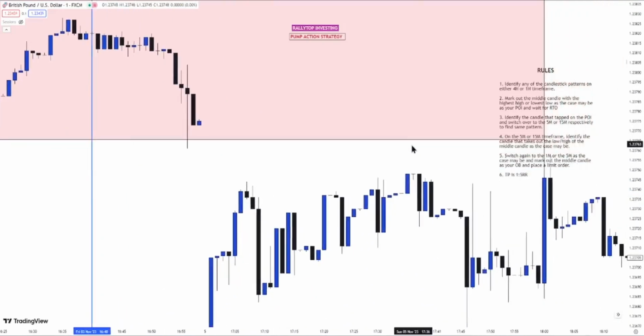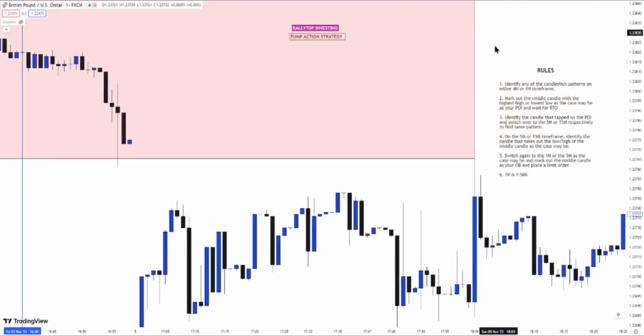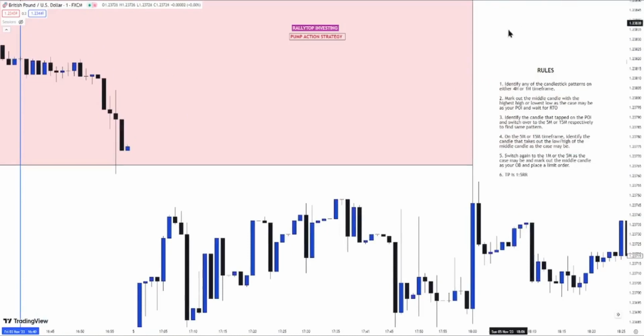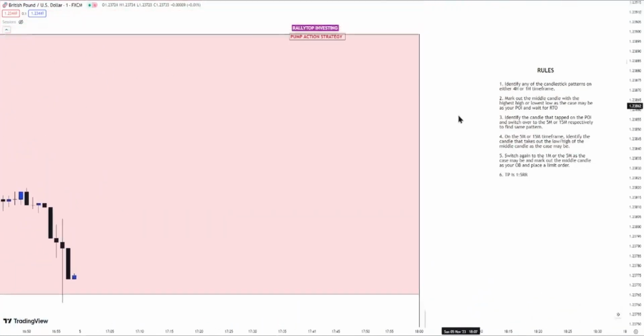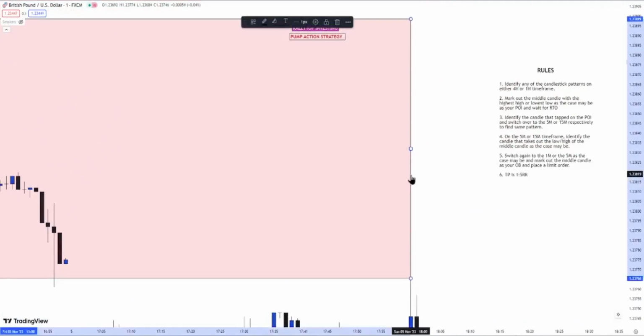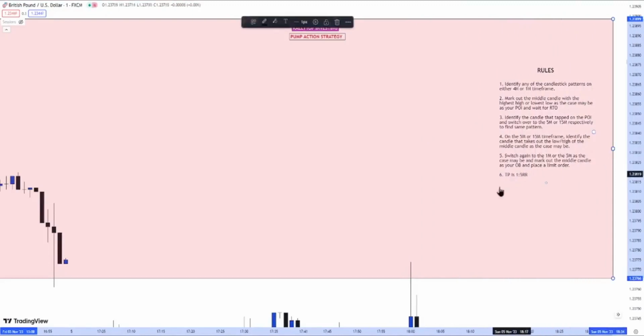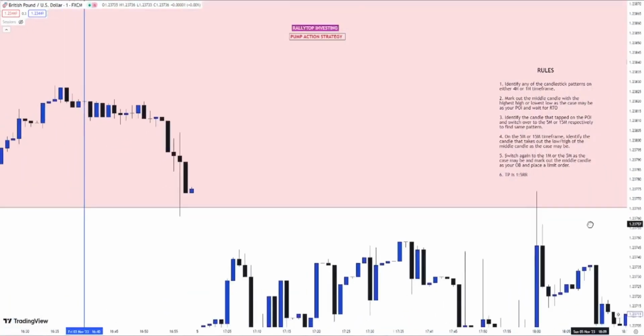All right. Until price comes back into this point. Let's drag this out more. That's it. Until price comes back to it.